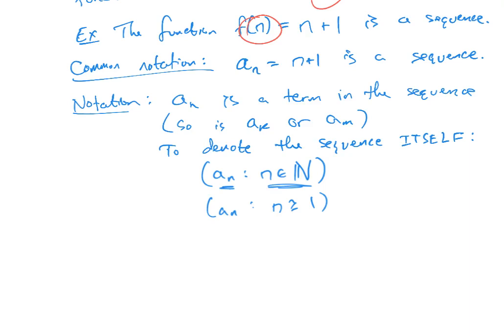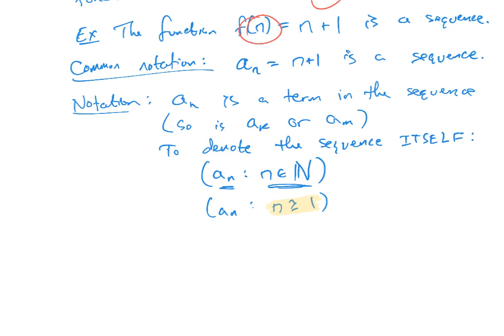We could also use this notation. Strictly speaking, this is a little bit worse, because we're just saying n is at least 1, and we're counting on whoever's reading what we wrote to assume that n has to be a natural number.